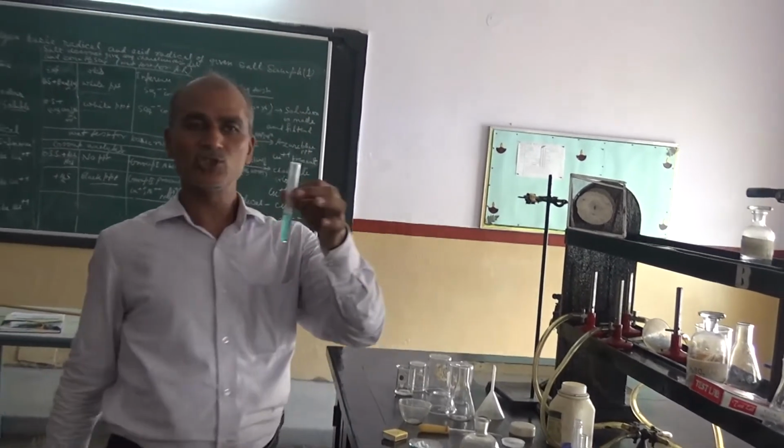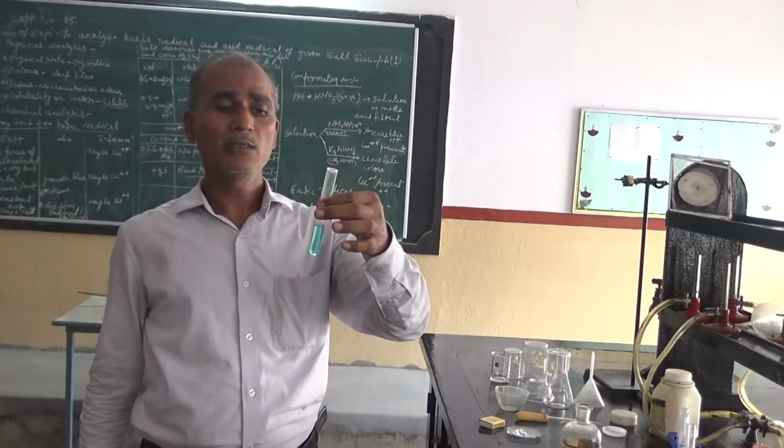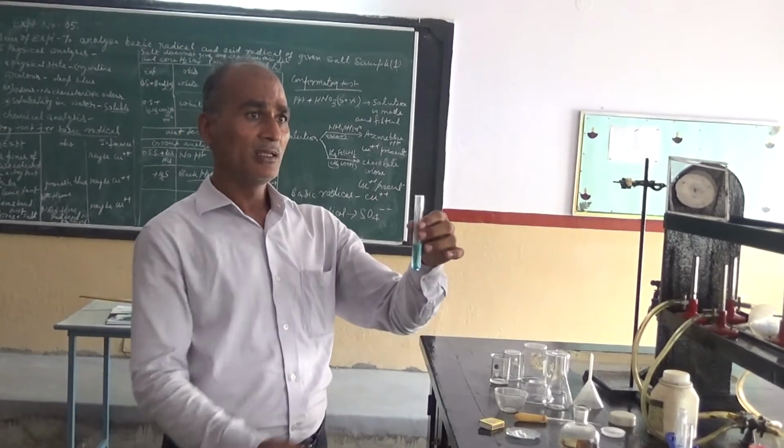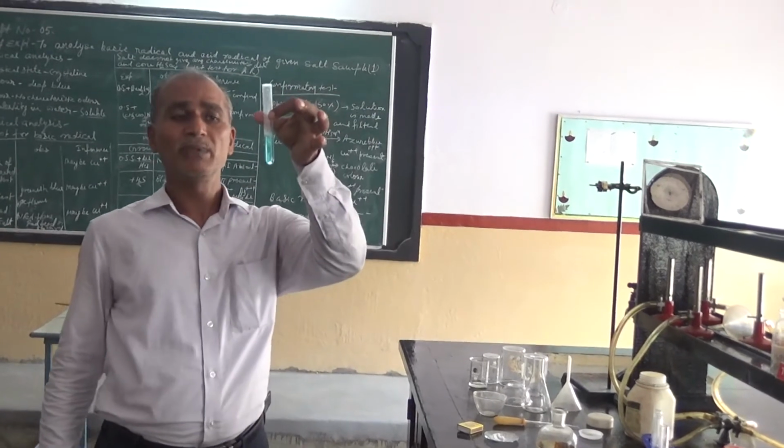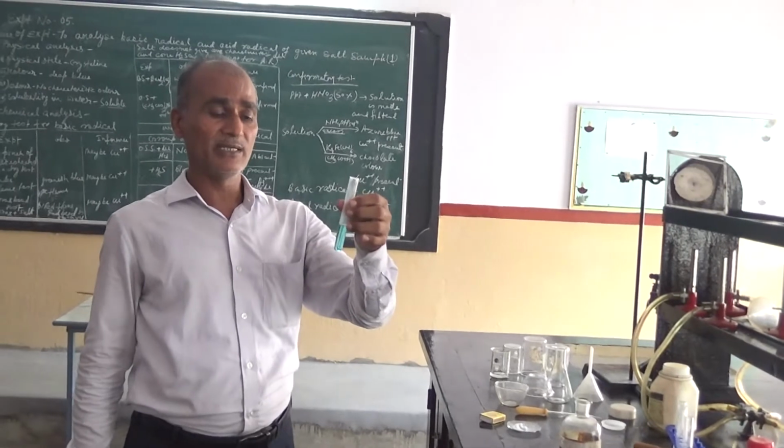After adding the HCl, we see that no precipitate is obtained. That means group 1 is absent.